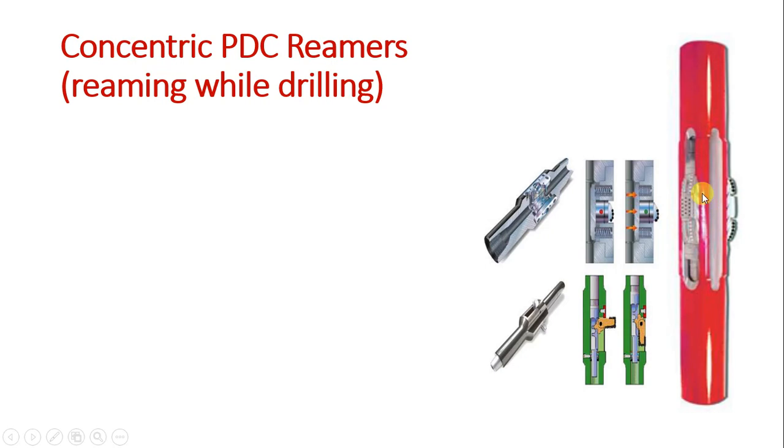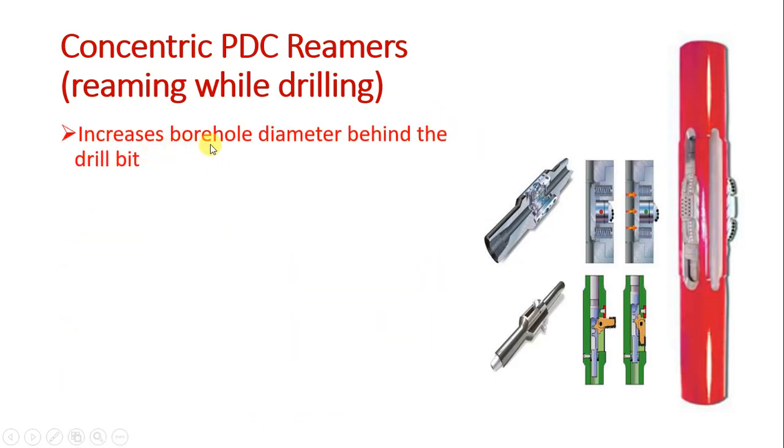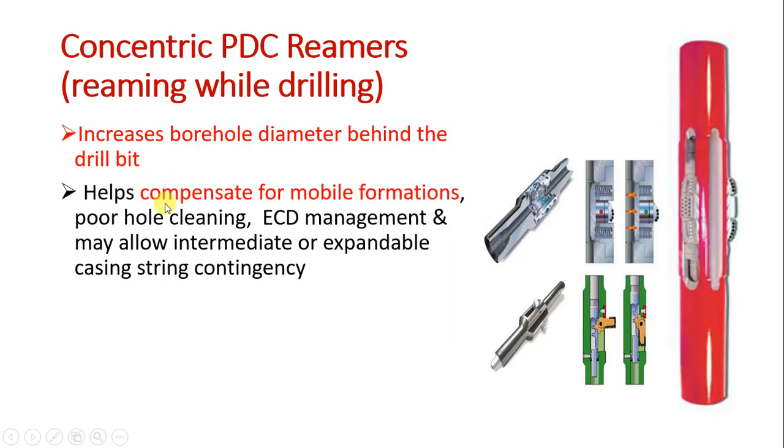This concentric BDC reamer can be activated from surface by dropping a ball or whatever, and it can help in reaming. I will show you a video about this issue. It increases the borehole diameter behind the bit, helps compensate for mobile formations like shale or salt, and helps with borehole cleaning and ECD management.